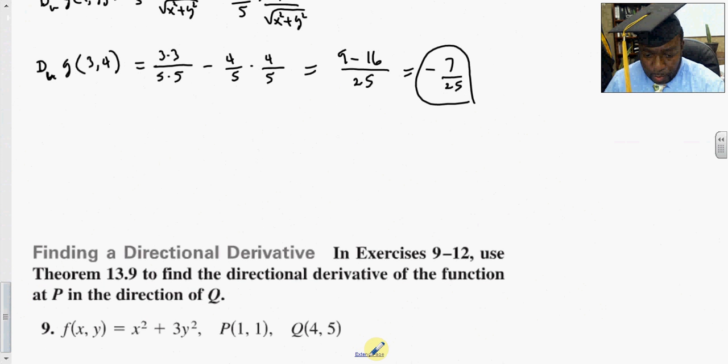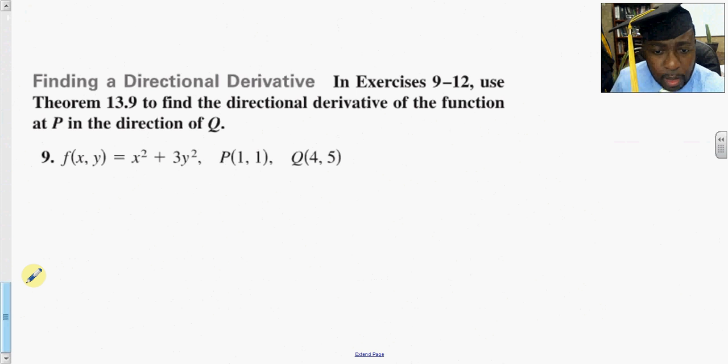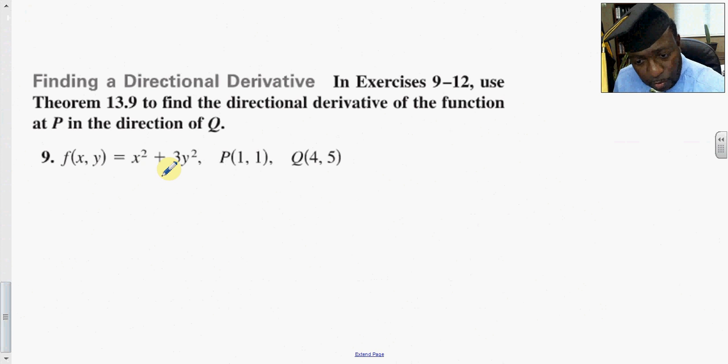So one more here and then we'll take a break. Use the theorem to find the directional derivative of the function at p in the direction of q. Well, we're not given a unit vector and we're not even given v, so we have to let v equal pq.